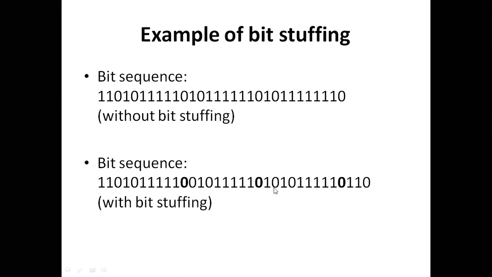This is the bit sequence after stuffing. At the receiver end, they can easily understand that if any 5 consecutive ones are there, they can remove the 0, and the remaining data can be treated as the payload field.